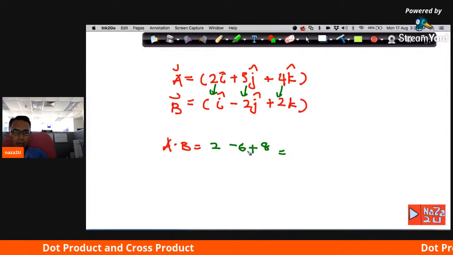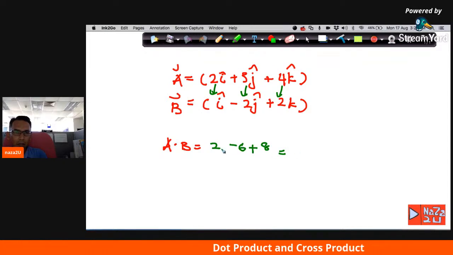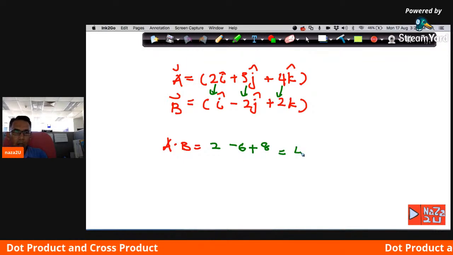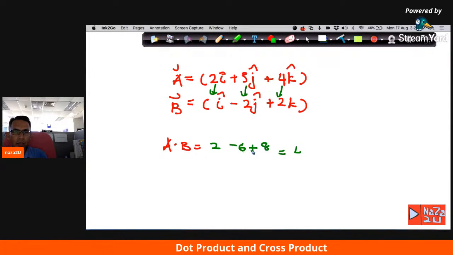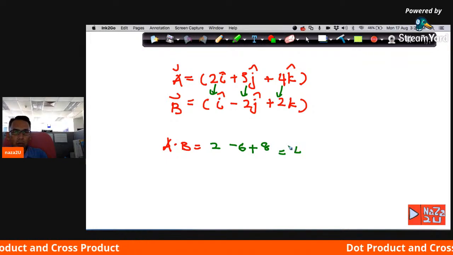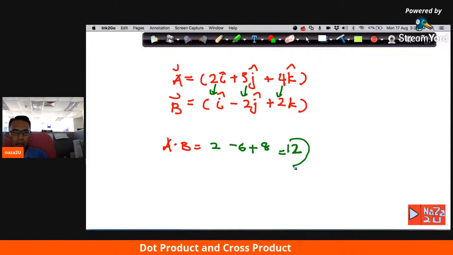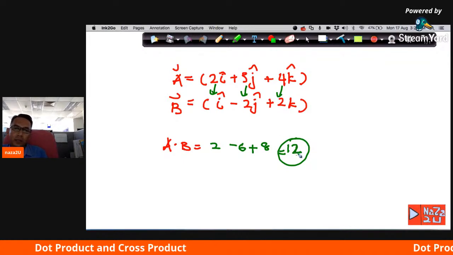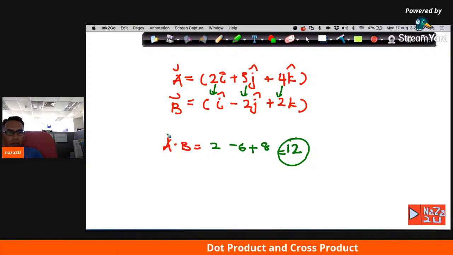So now we have 2 minus 6 plus 8, and the total here is equal to 12, right? So this is a scalar quantity, 12. This is vector A dot vector B.